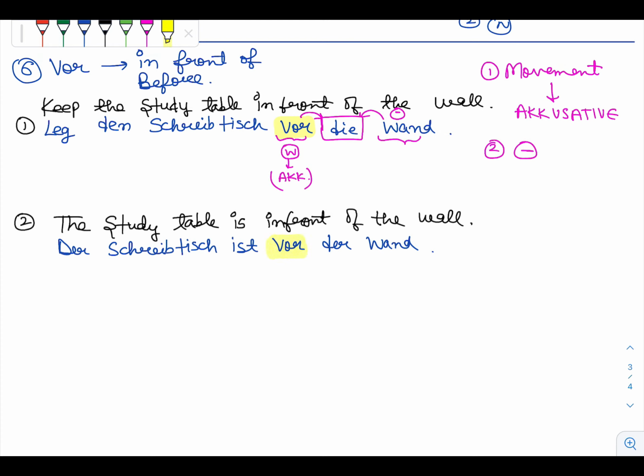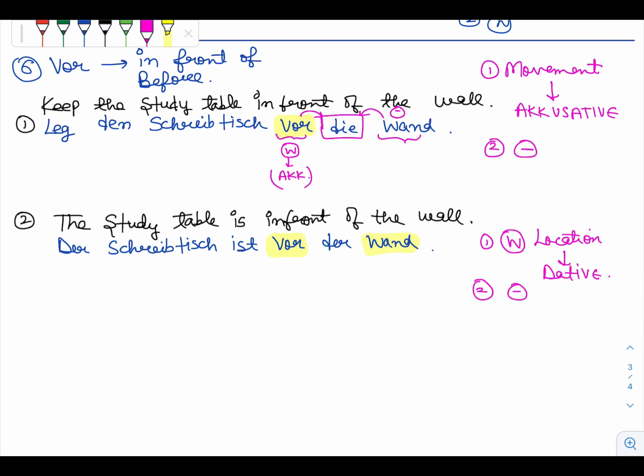Now first we will check, okay, this is a Wechsel preposition and we need to see the article. So first we will see, okay, Wechsel preposition. Now we will check whether it is a movement or a location. The study table is in front of the wall. Simply we are just talking about the location of the study table, that is location. So dative. Second thing, Wand takes feminine.